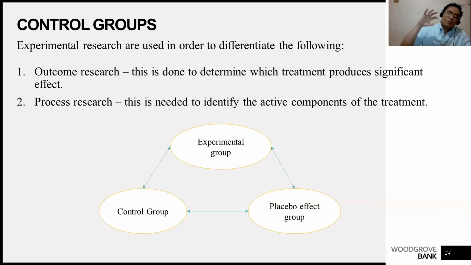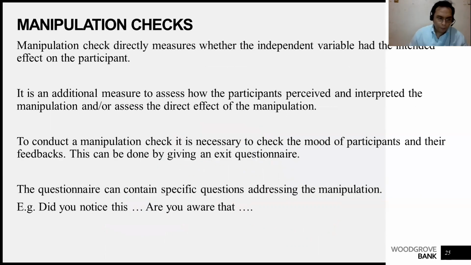So we can compare the group in which there is no treatment, there is a treatment, and there is a fake treatment, which can add data on the behavior response or the effects of the treatment or the medication.